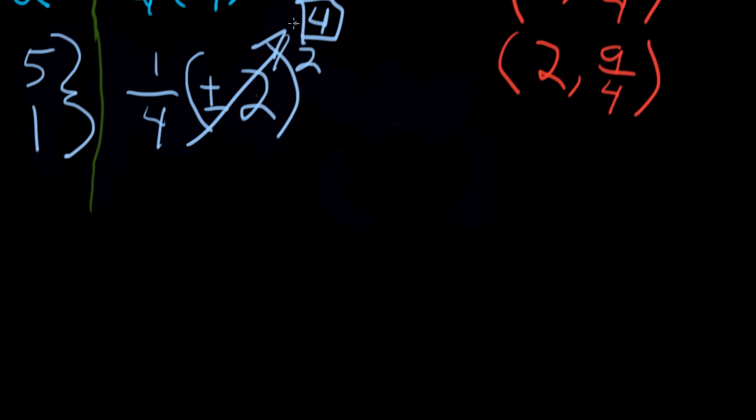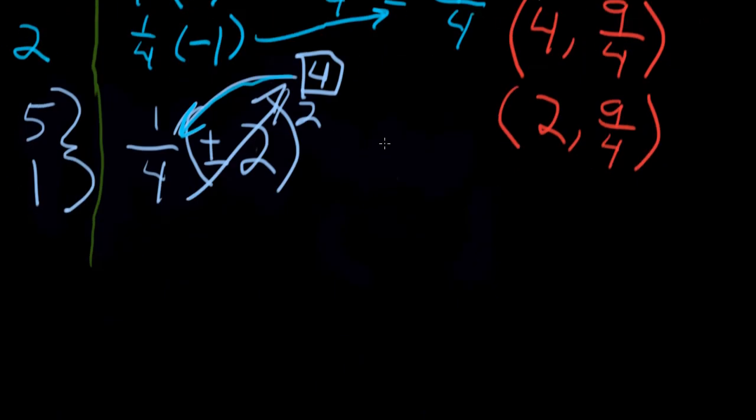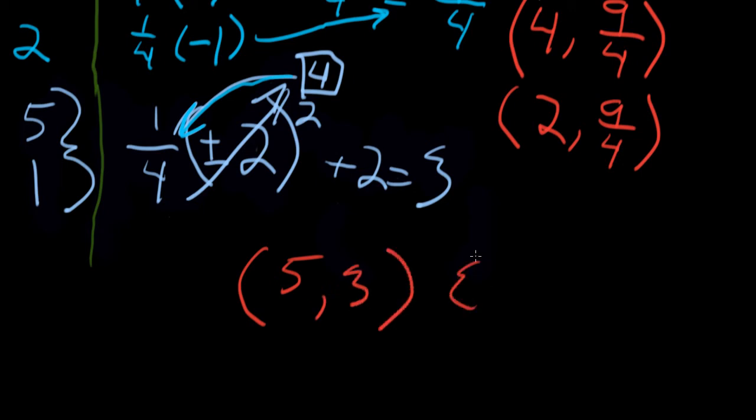Now 4 is going to go over 1/4, and that's going to equal 1. I still have my plus 2, so 1 plus 2 equals 3. Okay, that gives me the 2 points of 5, 3, and 1, 3.